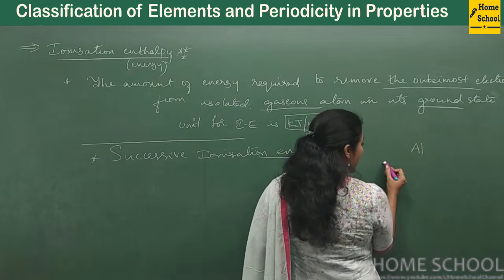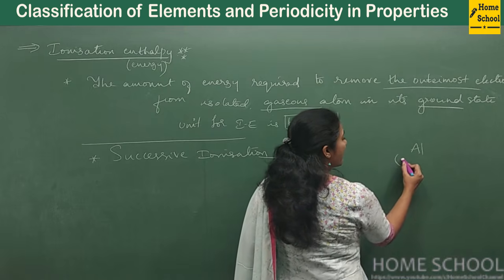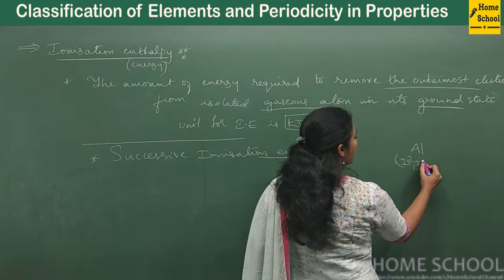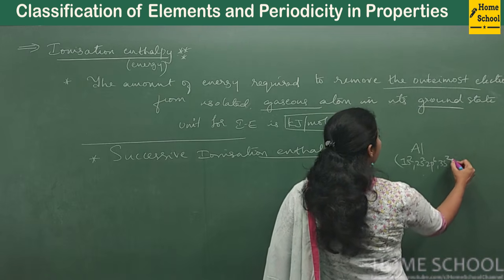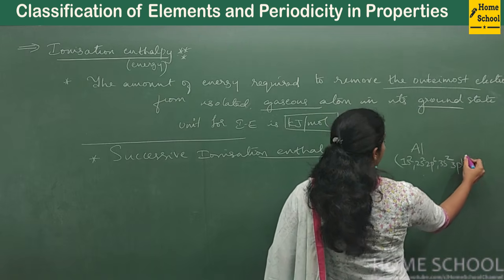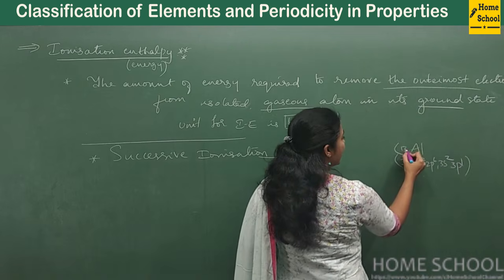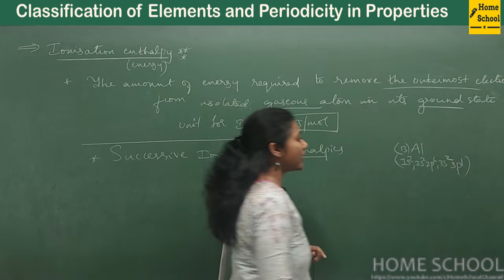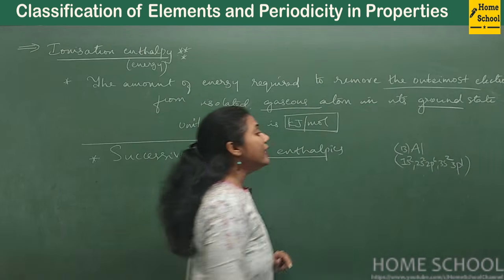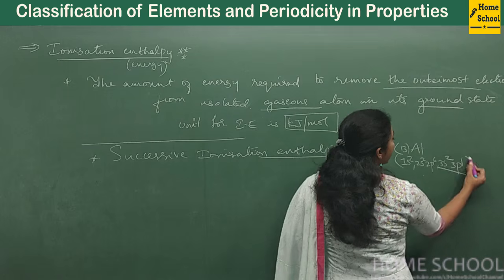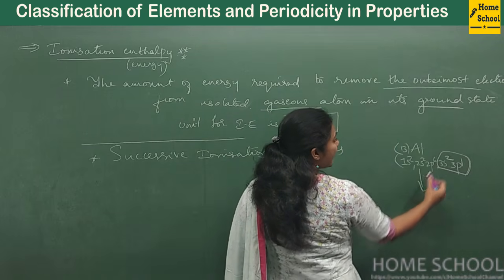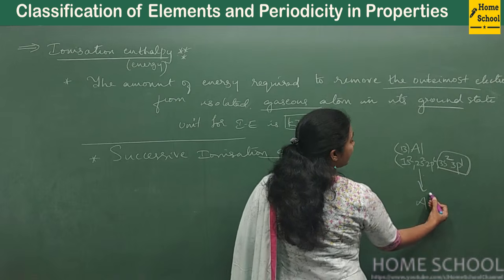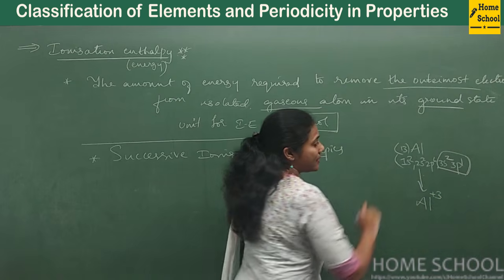Its electronic configuration is 1s2, 2s2, 2p6, 3s2, 3p1, with atomic number 13. Imagine if I have to remove these 3 electrons. On removing those 3 electrons, aluminium gets converted to Al plus 3.